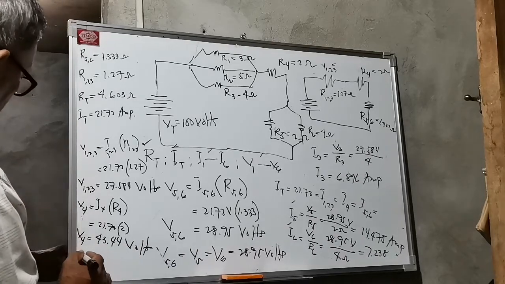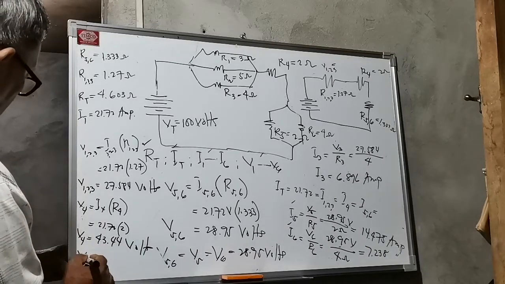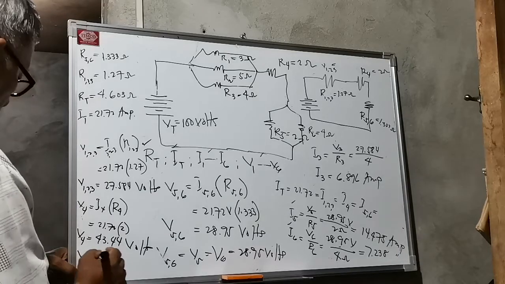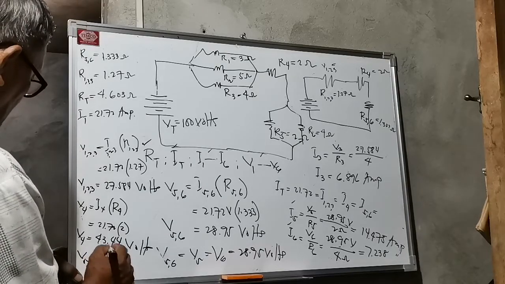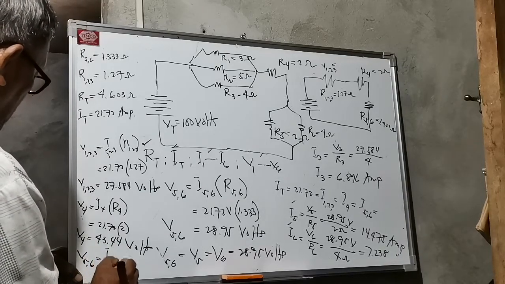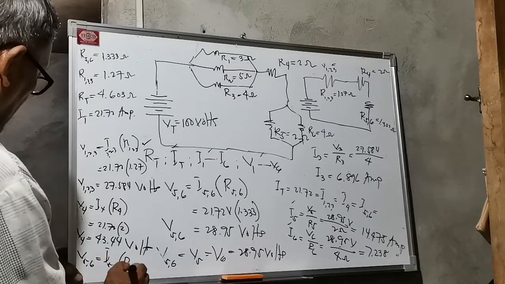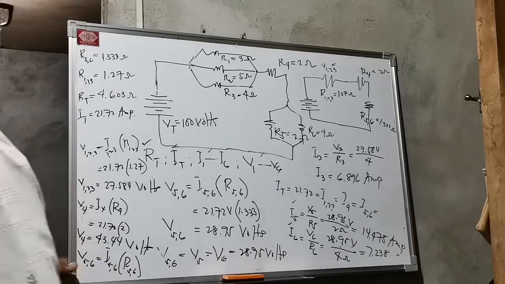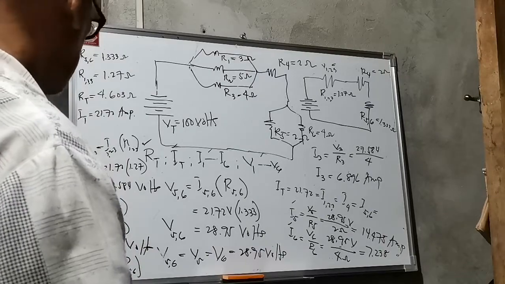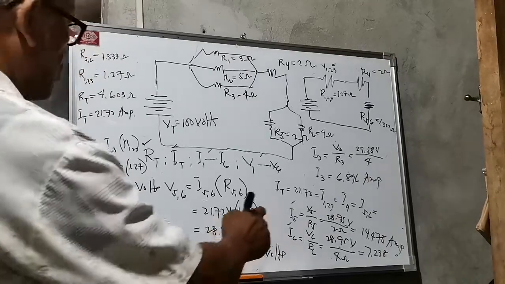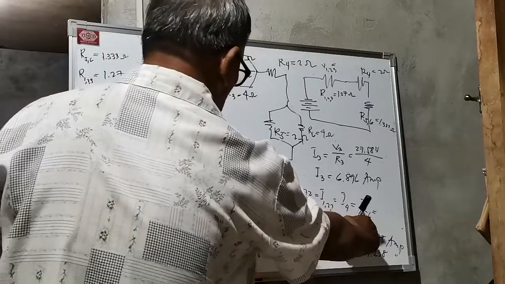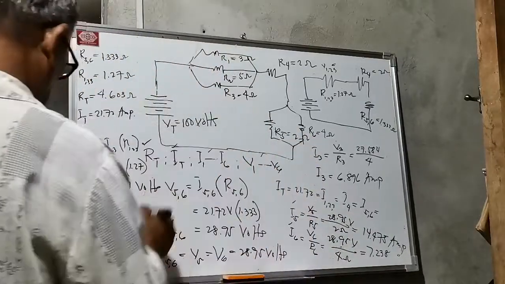And lastly, V5 and 6. V5 and 6 will give us I5 and 6 times R5 and 6. Do we have the value for R5 and 6? Yes, this one.